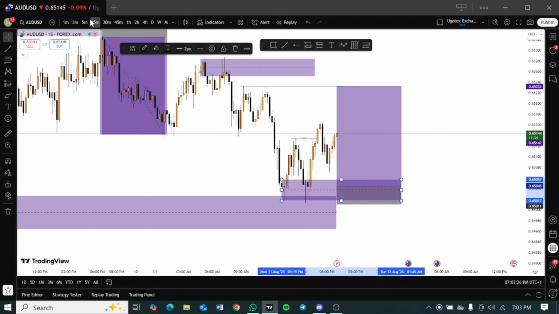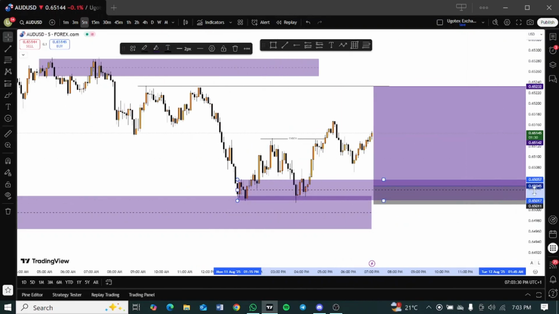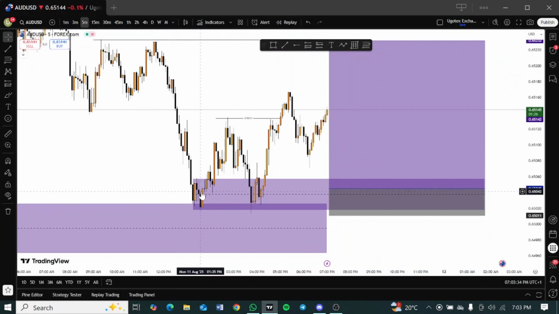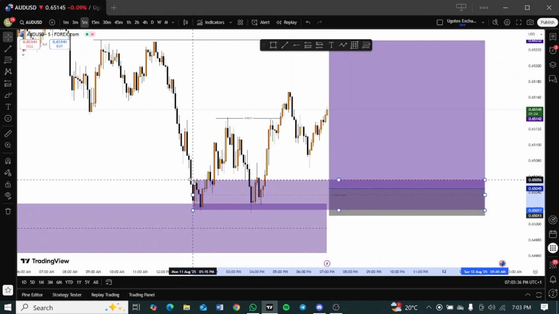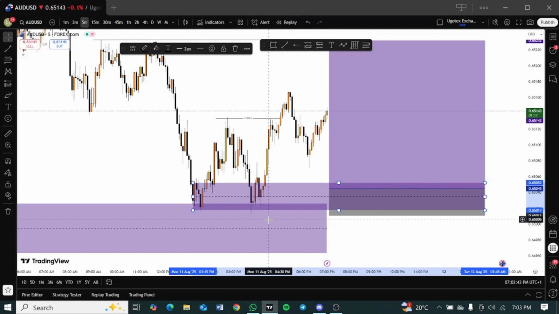And to further refine it, I went to the 5 minutes time frame to refine that entry position. Okay, let me just set my entry to the body of the bearish candle. And that is how I got this entry.